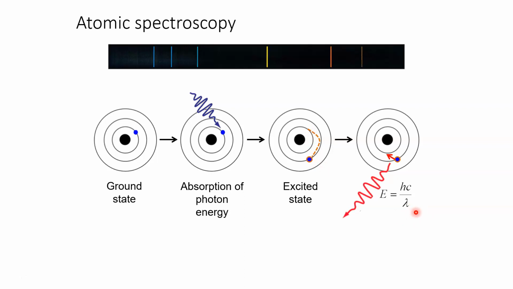That wavelength of light corresponds to the energy. So the energy of that photon is equal to hc divided by lambda. In other words, it's equal to Planck's constant multiplied by the speed of light divided by wavelength.